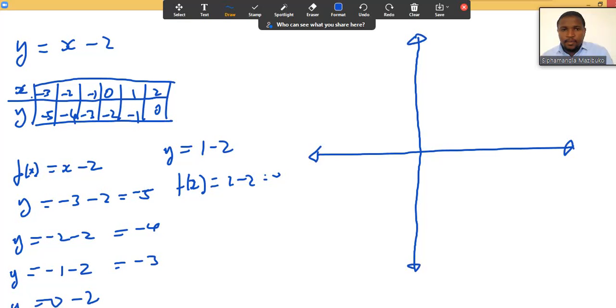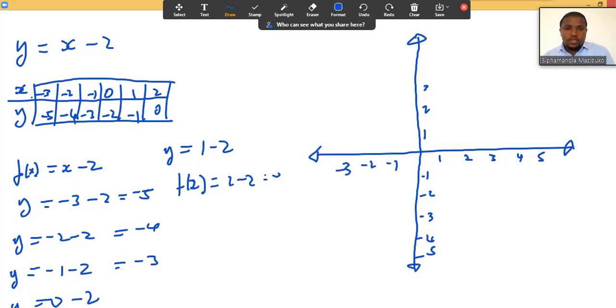We need to have 1, 2, we need to have minus 1, minus 2, minus 3, minus 4, minus 5, and we need to have 1, 2, 3, minus 1, minus 2, minus 3.